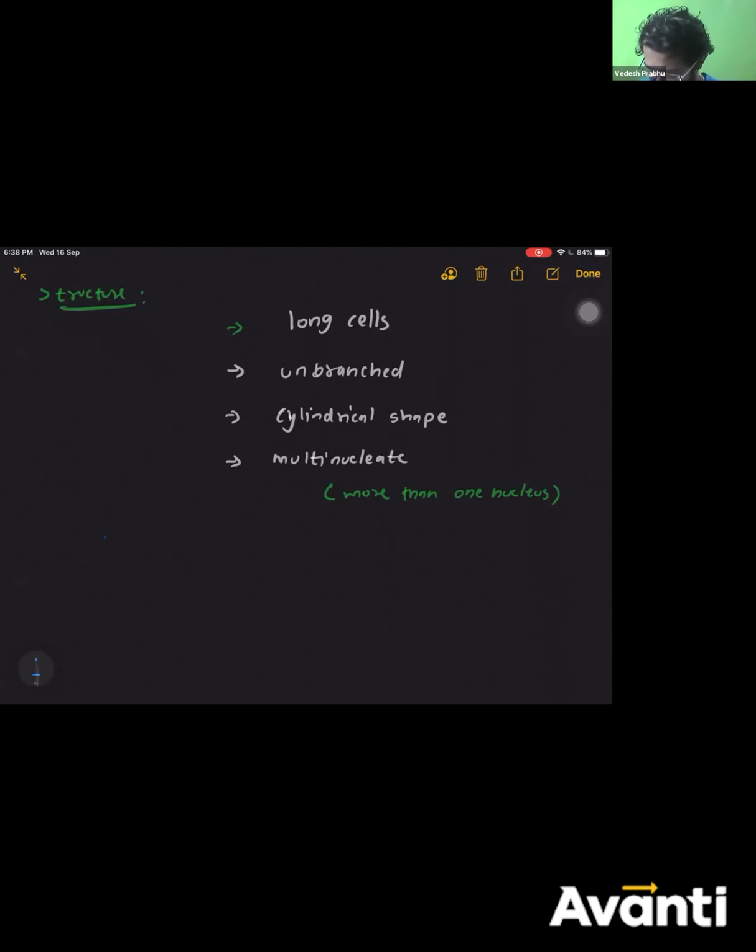The last thing, examples, or you can also mention this as where it is found in our body. These are nothing but the muscles of our limbs. You see your hand, leg.